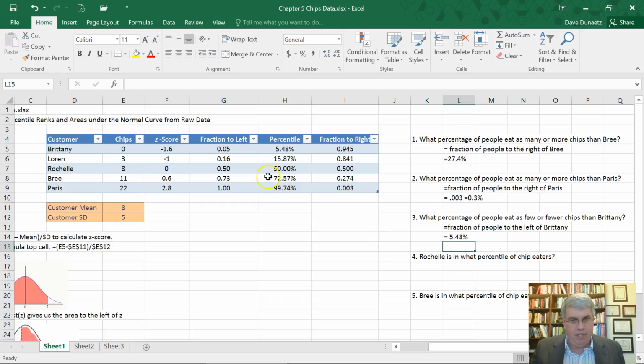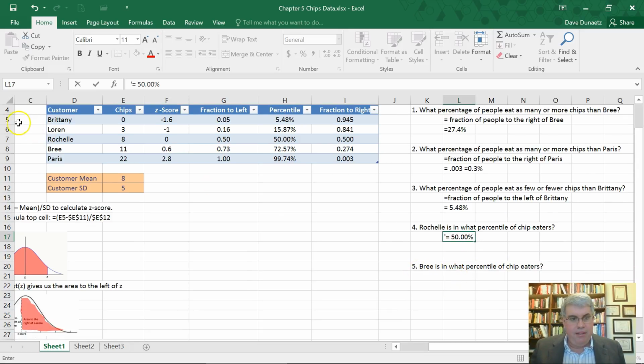Okay. Rochelle is in what percentile of the chip eaters? She's right in the middle, so she's in the 50th percentile. So we can just look at that percentile rank there. Single quotation mark equals 50.00%. That's an easy one. And then Cree is in what percentile of chip eaters?